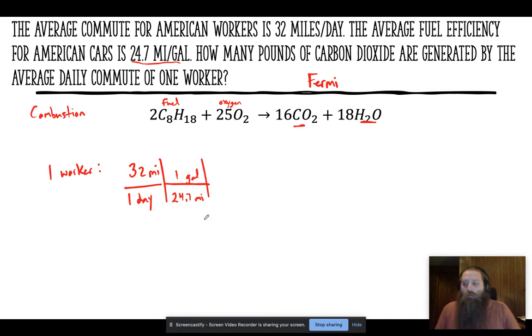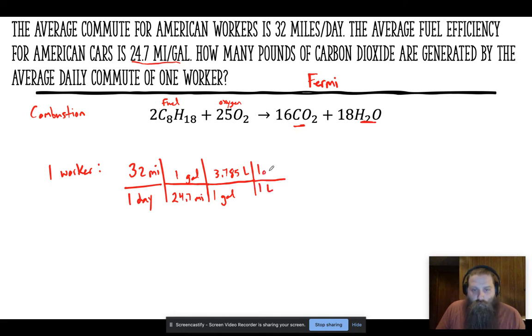All right. And then we don't really use gallons a lot in science, right? We want to use the metric system. So I looked up 1 gallon is equal to 3.785 liters. Okay. I know that 1 liter has 1,000 milliliters in it.